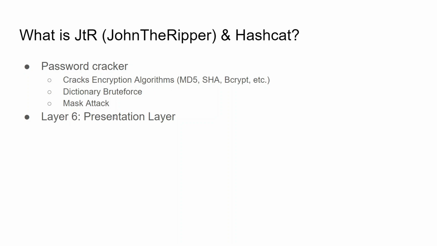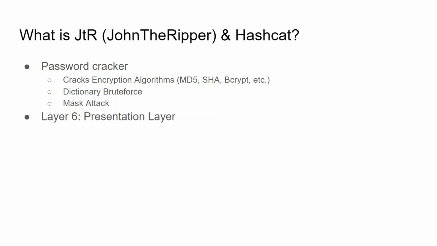And then you have a mask attack. This one's kind of bad because essentially it's brute forcing every single letter. I'll show you the mask later, but let's say your password is 12345. You specify a mask of 5 characters, all digits.